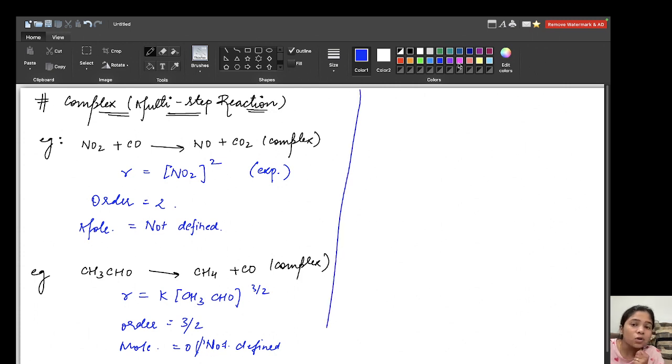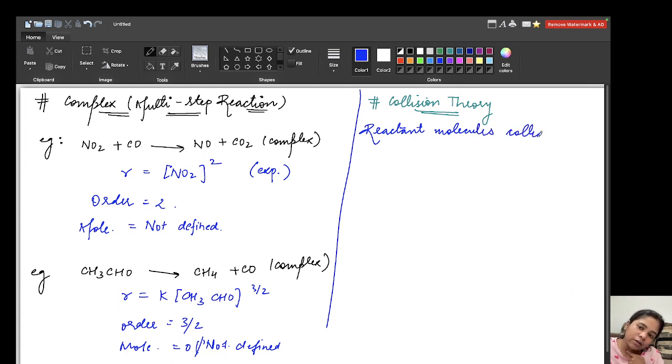There is a small topic here also, a small introduction I'll give you, that is collision theory. What is collision theory actually? Reactant molecules collide effectively to give the products.